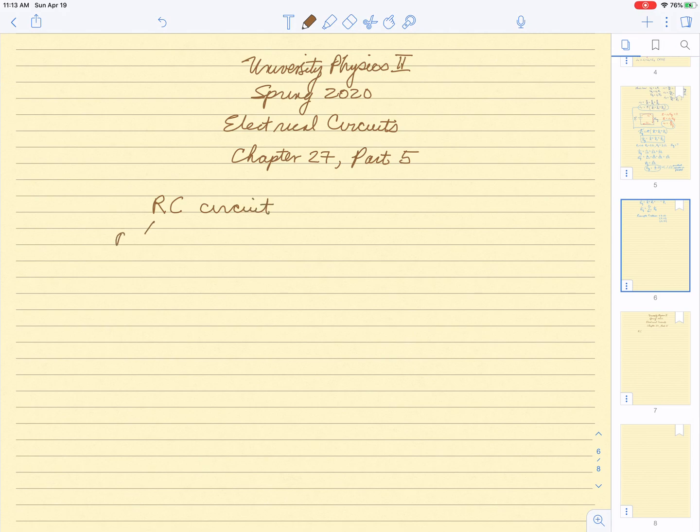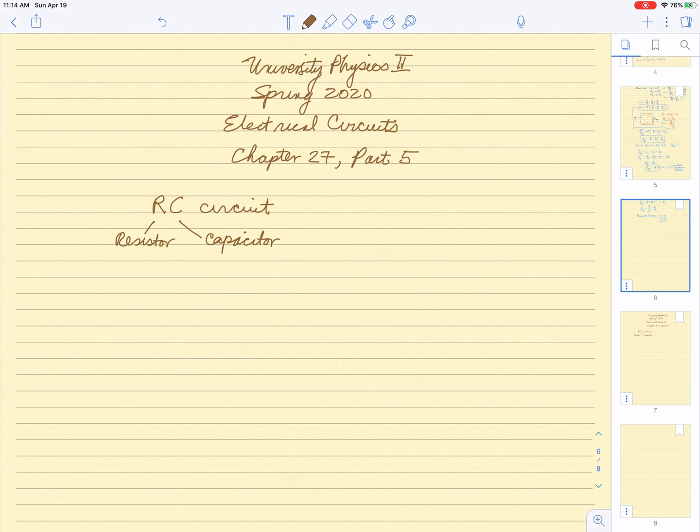This is a resistor capacitor circuit. It's the first time we've seen capacitors in the circuit itself, and so what we're going to look at then is the following seemingly simple circuit.